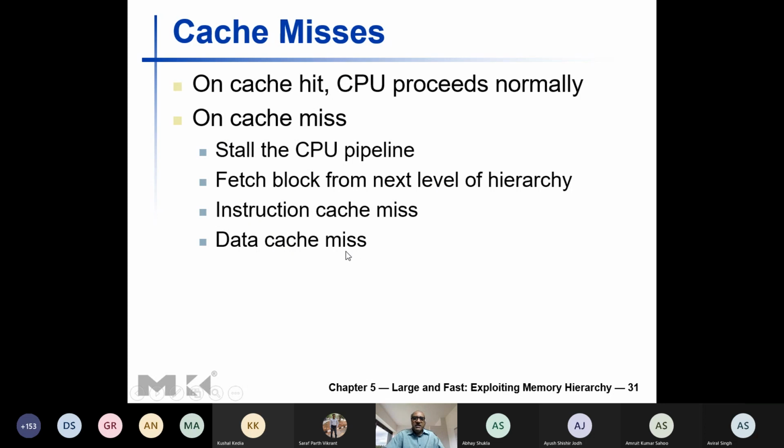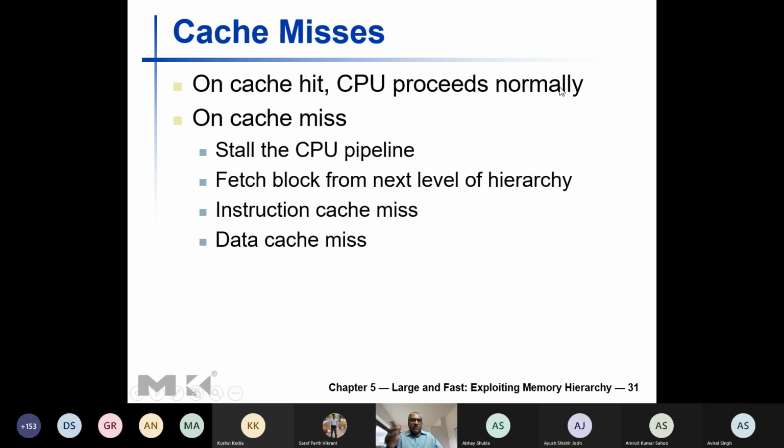Then the cache misses. When the CPU refers to a particular address, and if that address is not present in the cache, it results in a miss. If it is present, then that particular memory instruction or data will be fetched, and the CPU will utilize that. So on a cache hit, the CPU proceeds normally.